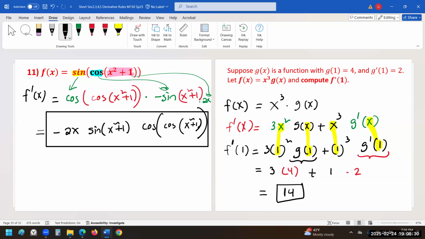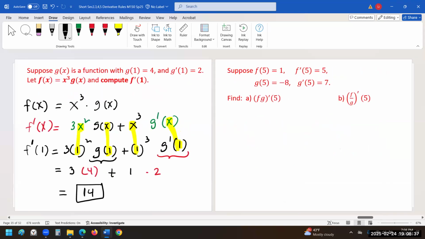Any question? Any comments? Nothing? Then try this one. Two of them. Basically, they are telling in the first function that what is the derivative of f times g.